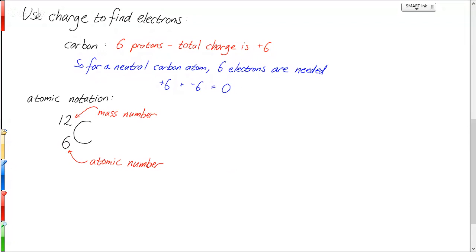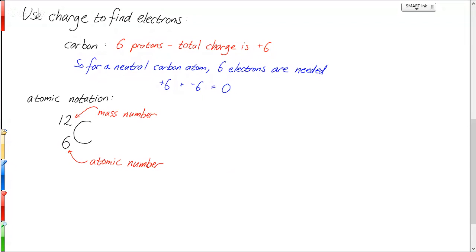Why is it redundant to show the atomic number there? Why don't we need it? Yeah, exactly. So to be carbon, it has to have 6. So if that number were anything but 6, it wouldn't be carbon. So the C itself tells us that it's 6. The only reason we put that number down there is if we're doing some reactions where that might change. It's nice to see the number for adding and subtracting, things like that. So you'll see that in some of the homework.